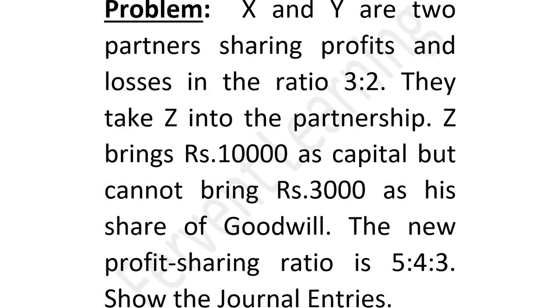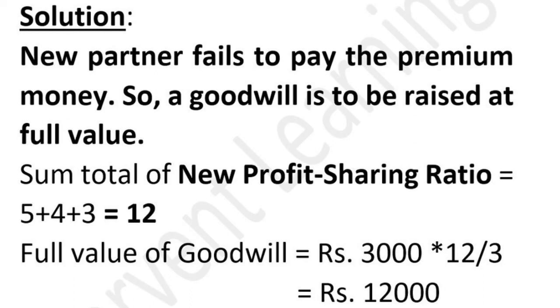Okay, look at the solution. The new partner failed to pay the premium money, so the goodwill is to be raised at full value. When the new partner fails to bring his premium of goodwill, we need to calculate the total amount of goodwill for further treatment. So first we need to find the full value of goodwill.